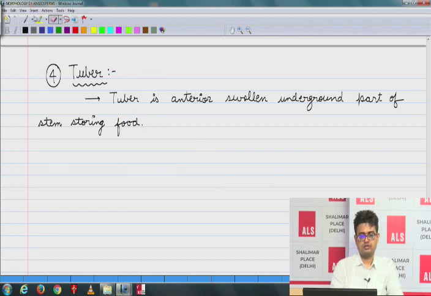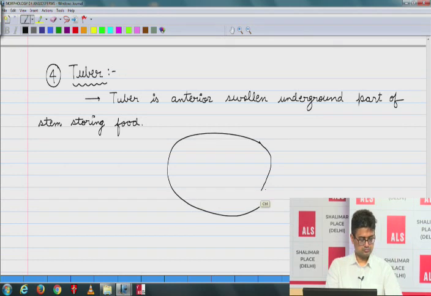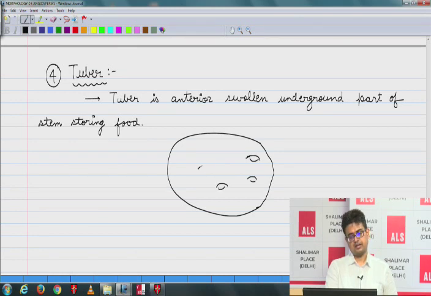Let me just draw it with simple colors so you will understand. So this is a potato. Like this. Eye-like structures there.